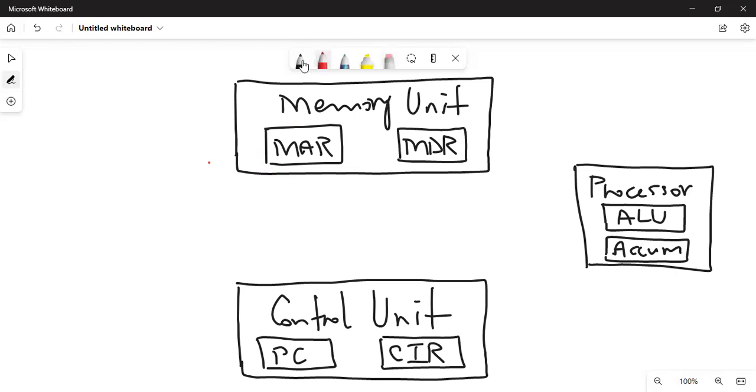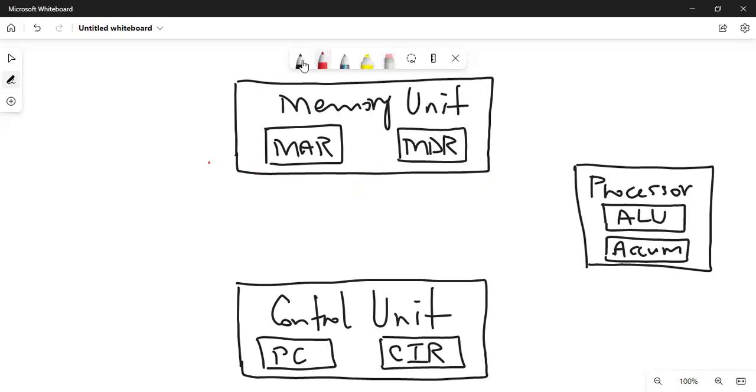Moving forward, whenever data has to go out, or whenever some data needs to be stored into the memory, it is first stored inside the register MDR, and from here it can go inside the memory. And where will it go? It depends on which location has been mentioned in MAR. So MAR contains the location of the data, where it will be stored or where it is stored in the memory, and MDR contains the actual data.